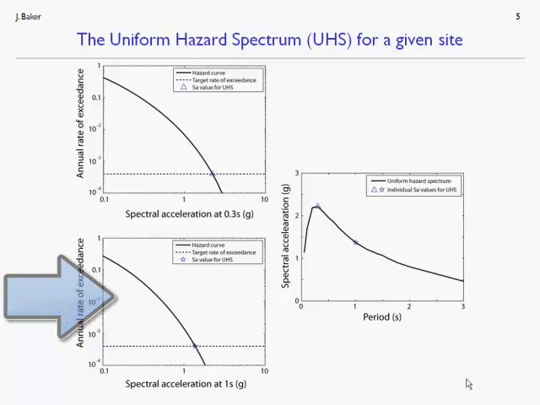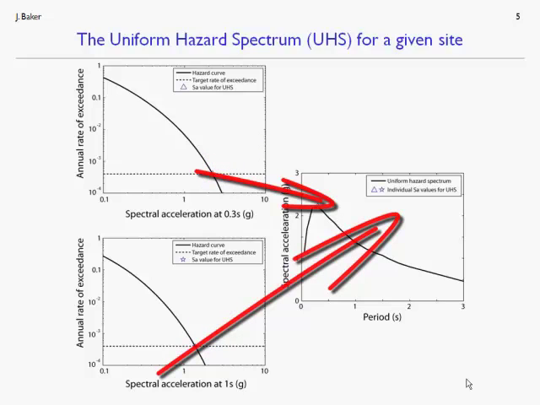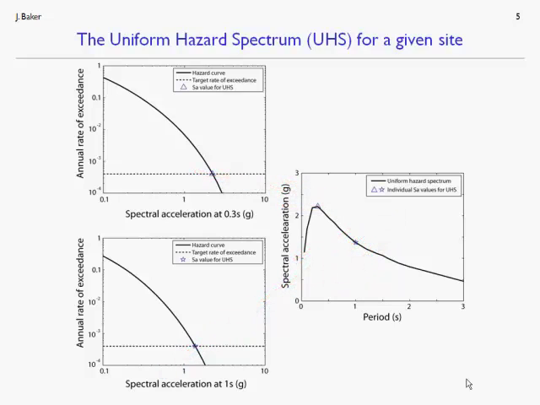At any given annual rate of exceedance, we can pull off the spectral acceleration amplitudes at these two periods, and those are marked with the symbols on those two left plots. We could plot them both on a third plot, which I have plotted at the right. So this is spectral acceleration versus period. We could fill that figure in with additional spectral acceleration amplitudes at other periods and build a complete response spectrum.